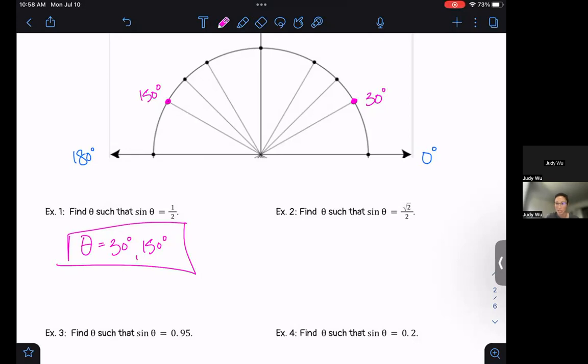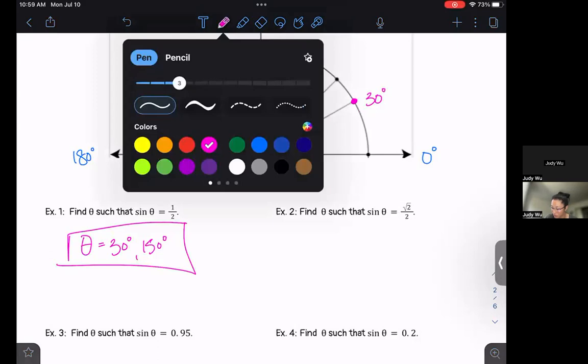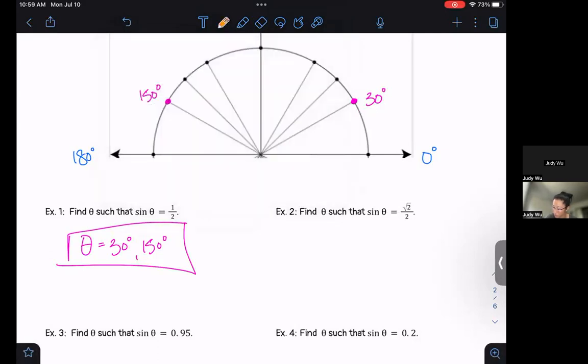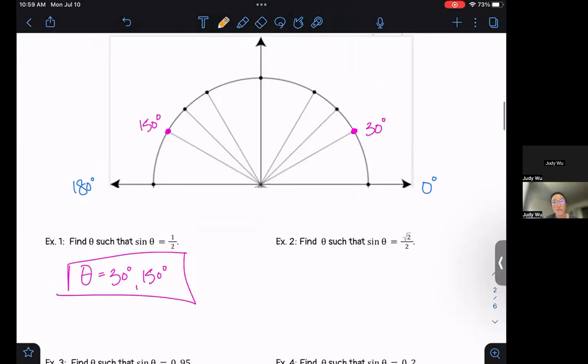All right, so let's take a look at example 2, all right? So find theta such that sine theta equals √2/2. Let's choose a different color, maybe orange, all right? And where on my unit circle do I have an angle that has a y value of √2/2? And it turns out that at 45 degrees, I have that.